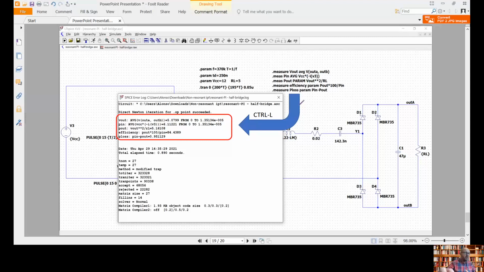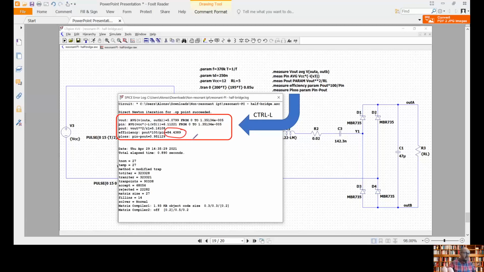We have calculated here the values with the same calculations as before, and we obtain a value of the efficiency of 84.4%, which is much better than the 77% that we obtained for the non-resonant circuit. So this is an advantage for the resonant operation.